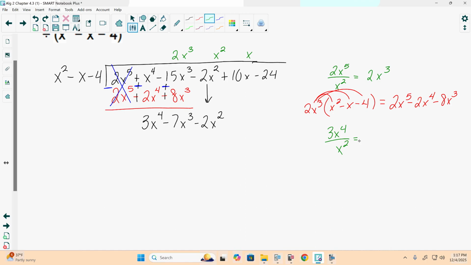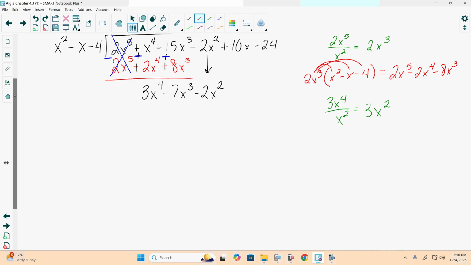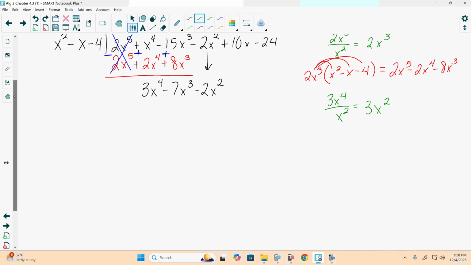3x to the 4th over x squared. 3x to the 4th divided by x squared. 3 over 1 is just going to be 3. x to the 4th over x squared is going to be x squared. So we have plus 3x squared.